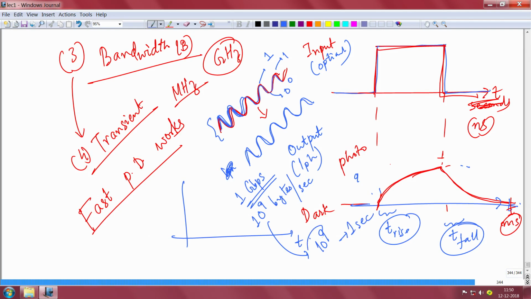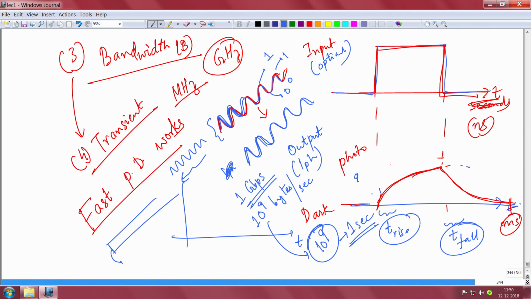Your detector on the other end of the fiber optic should be able to respond to 10 to the power 9, or 1 billion. The light that your optical fiber cable is detecting is changing 1 billion times in 1 second. Your photodetector should be able to respond to that 1 billion times a second. Otherwise your internet will not work. Otherwise you will not be able to get the data, okay, your broadband data.